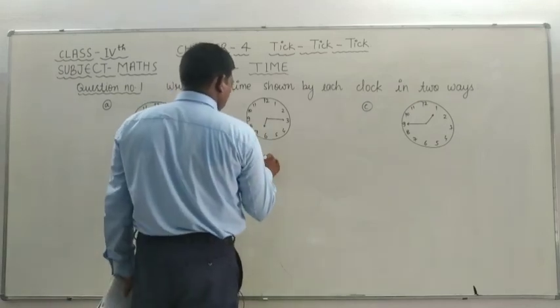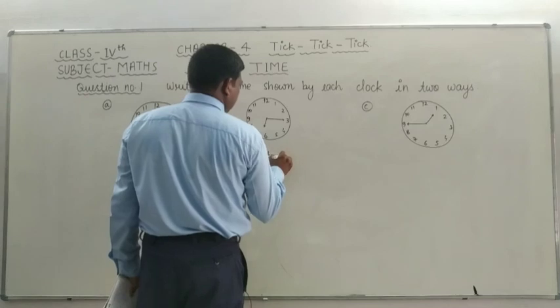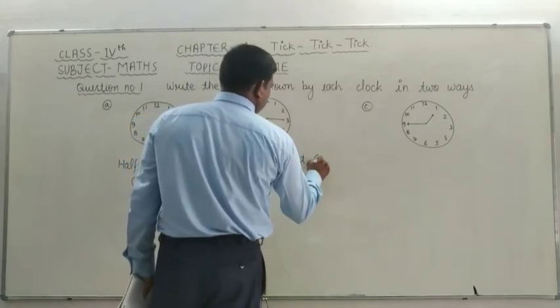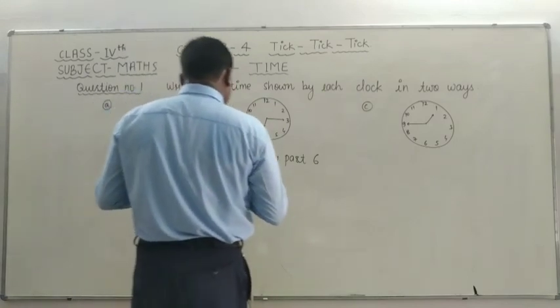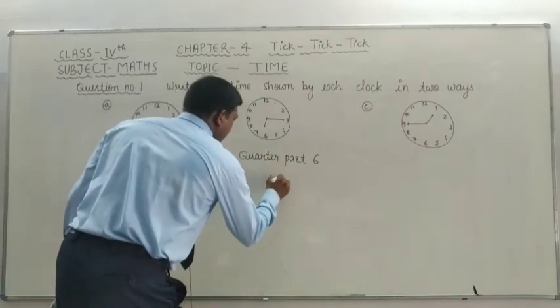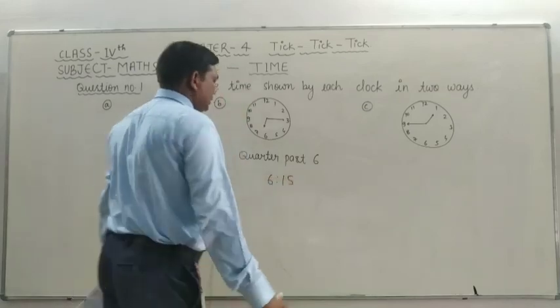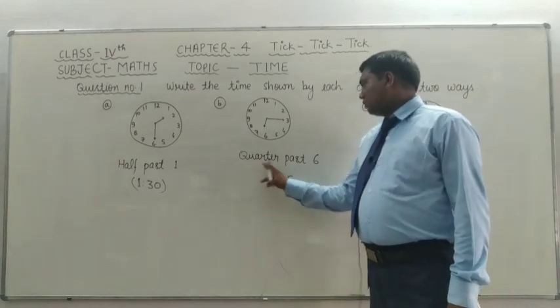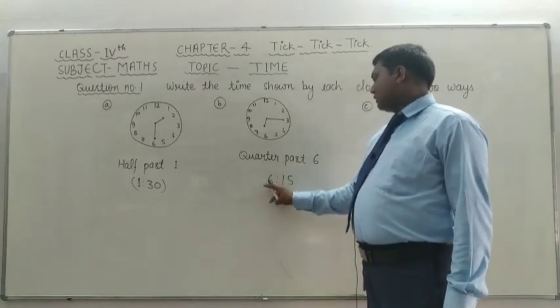The time is quarter past 6. It means that the time is 6:15, and this can also be written as 6:15.